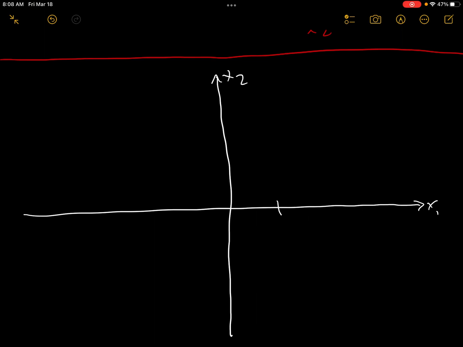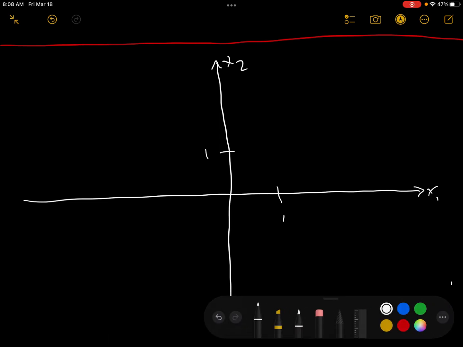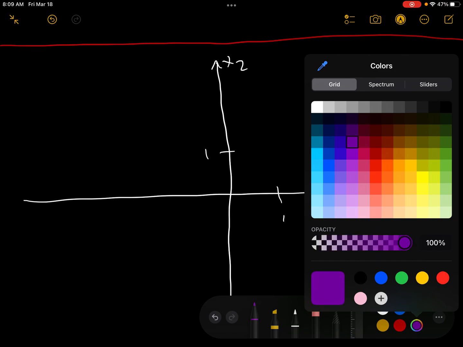We know the only eigenvector here is, because its geometric multiplicity is 1, (1, 1), right? Where are the colors? I'm going to make my eigenvector purple.